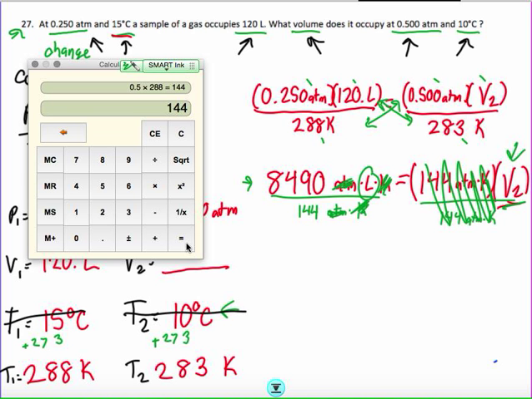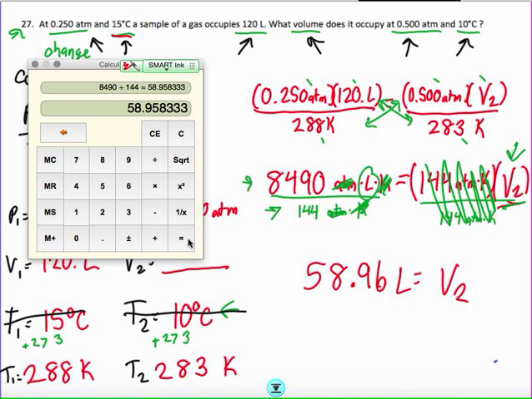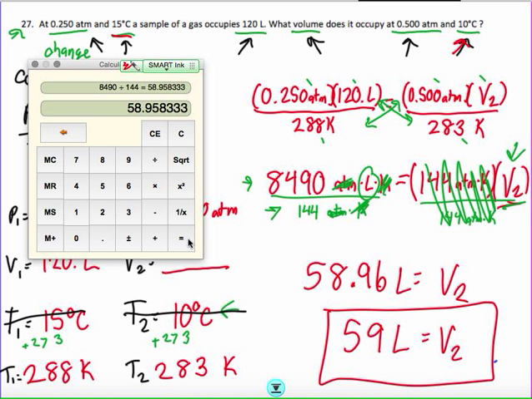And we just have 8,490 divided by 144. So we plug that in. 8,490 divided by 144 equals 58.96 liters is equal to V2. Because the last one had 2 sig figs, we would just round this to 59 liters. And that would be our answer.